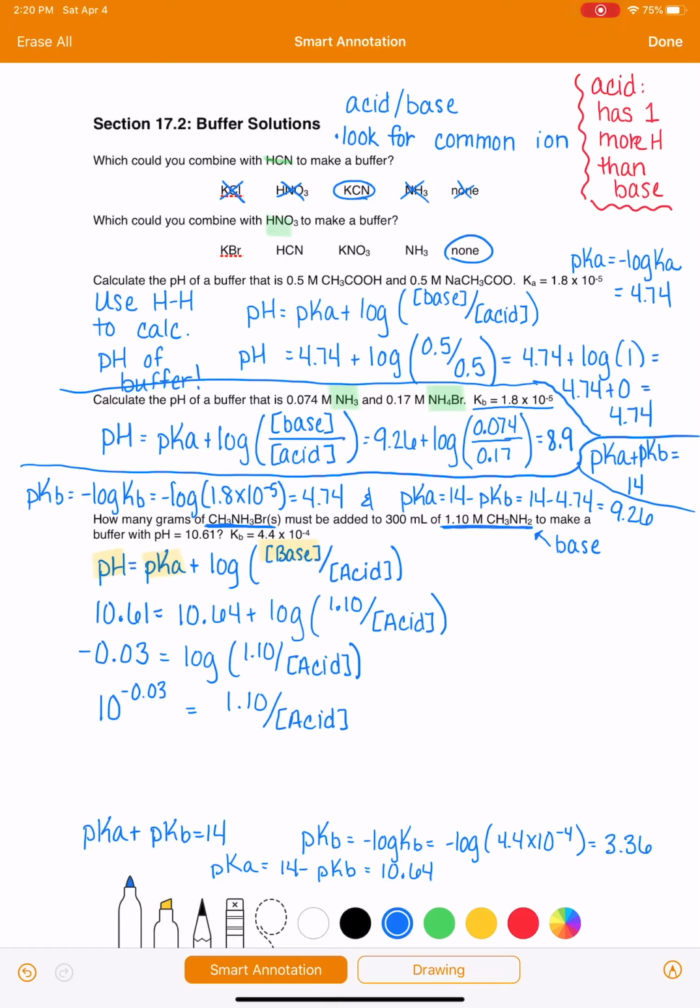So that's the mathematical function that gets rid of that log term. And now we're just going to rearrange 10 to the negative 0.03 times the concentration of our acid is equal to 1.10. And now we can solve for the concentration of the acid.